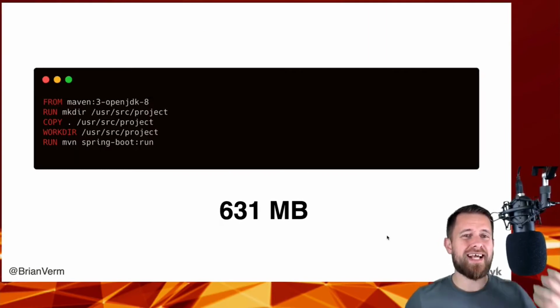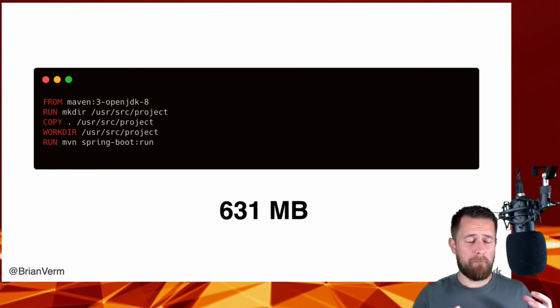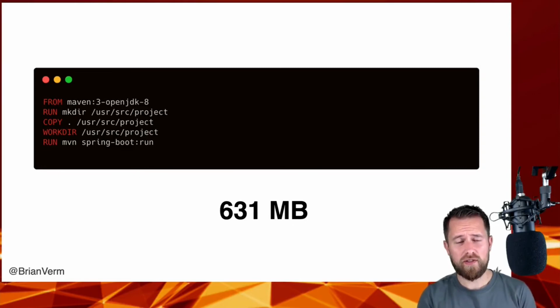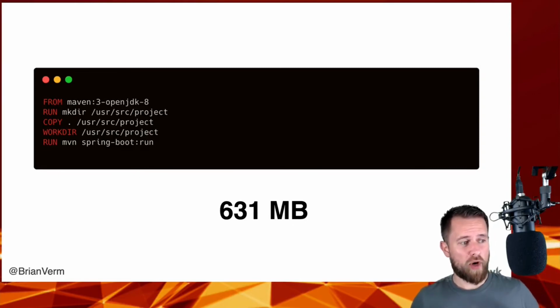Over here, you see the naive way of building an application. I'm using a base image based on Maven 3. It's an OpenJDK 8 distribution, and I am basically running my project in there. I copy the stuff in it, and I call Maven Spring Boot run. This means that I trigger Maven to build everything, and in the end I use Maven to start the jar. But is that really necessary?